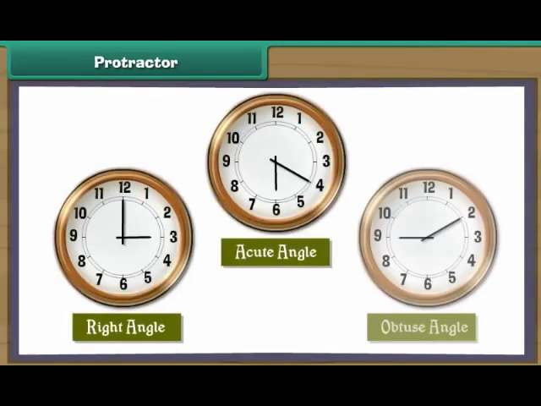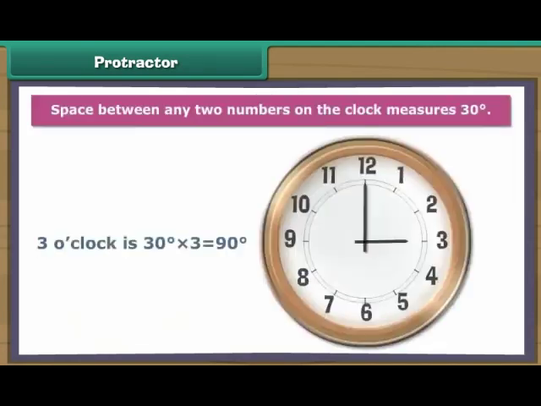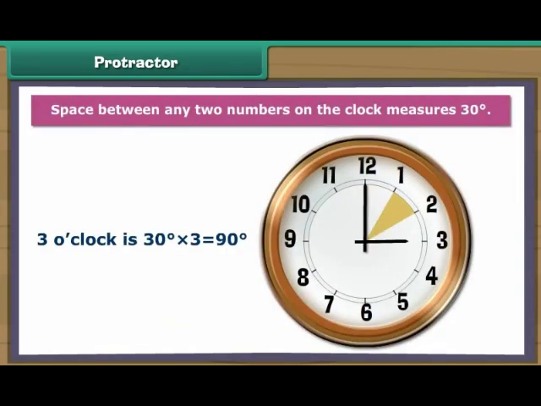The angles made by the hands of a clock can be worked out without the help of a protractor, because the space between any two numbers measures 30 degrees.